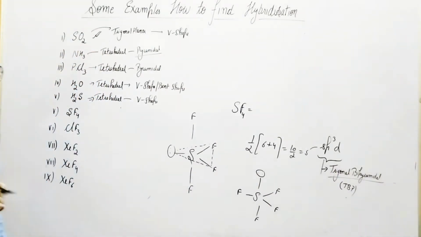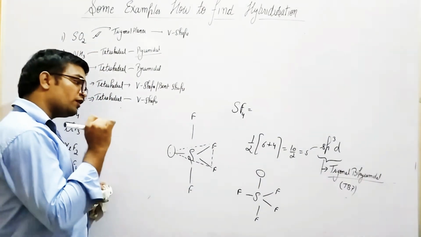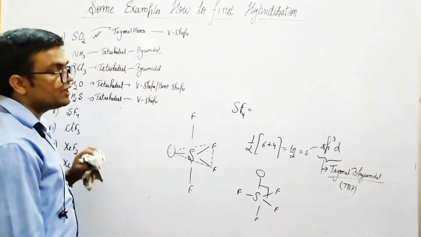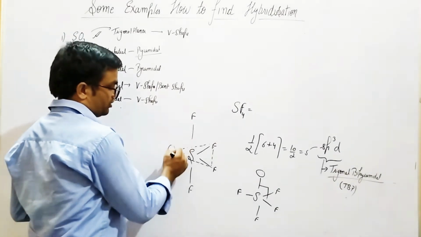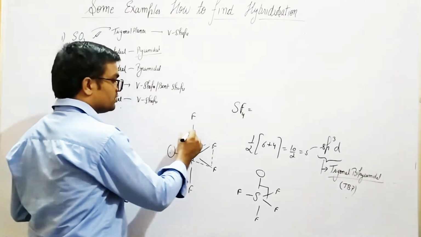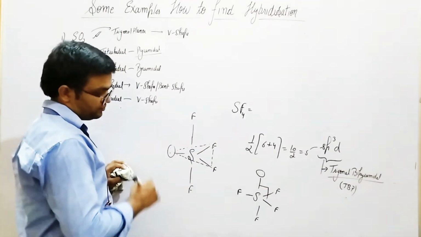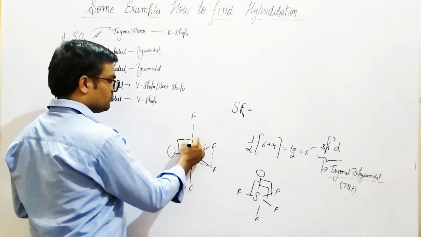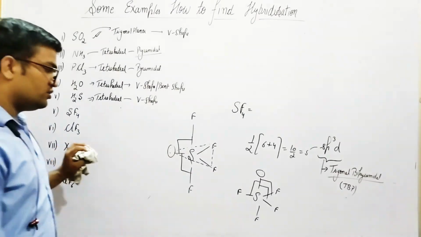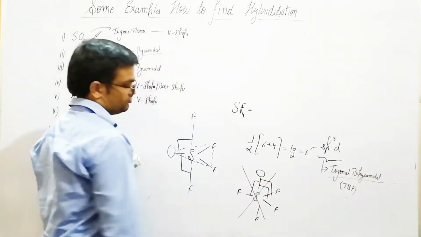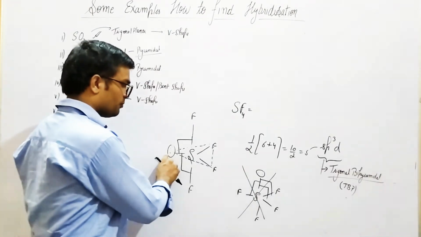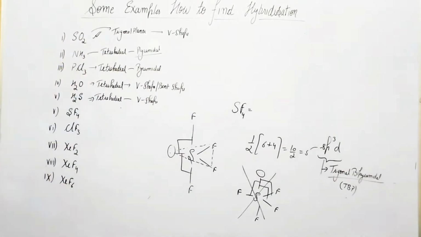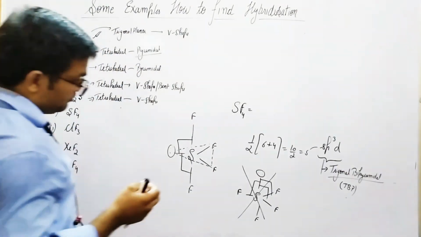But students, remember, try to put the lone pair first on the equatorial bond, because on the axial position there is lone pair-bond pair repulsion due to the 90-degree angle with 3 bonds, while on the equatorial position it has repulsion with only 2 bonds. That's why this structure is very much true. Remember it. The lone pair can be put here or here, no matter, because the geometry remains the same.